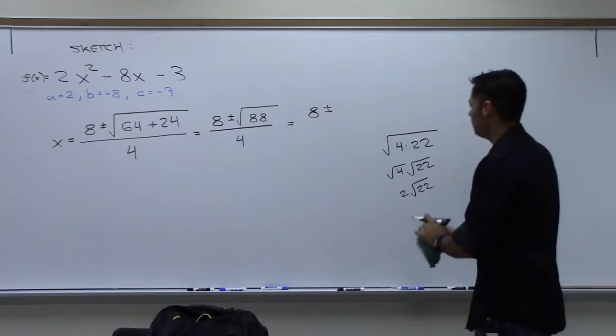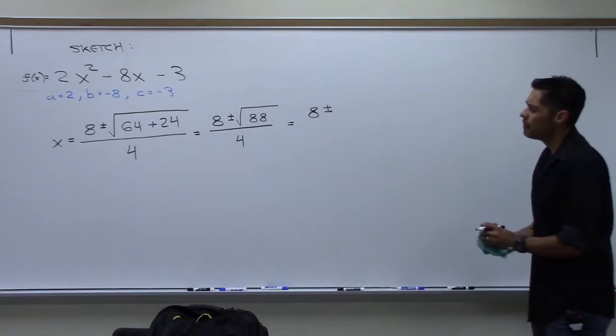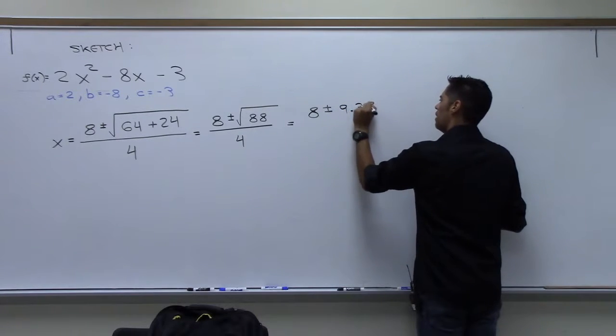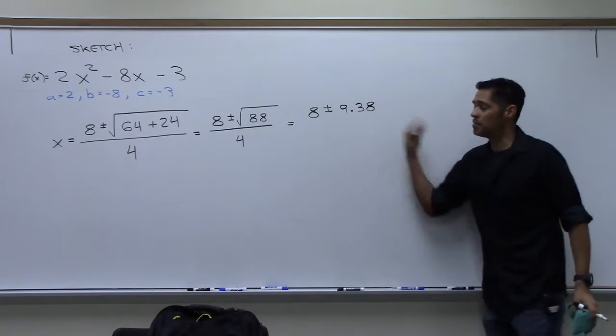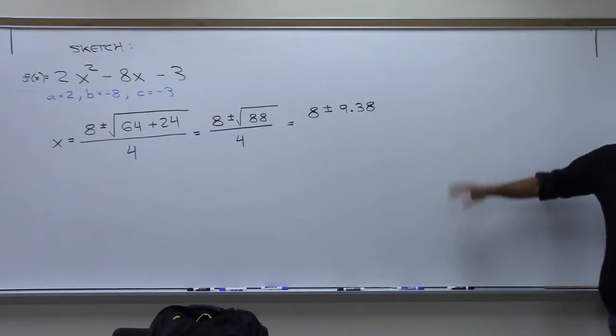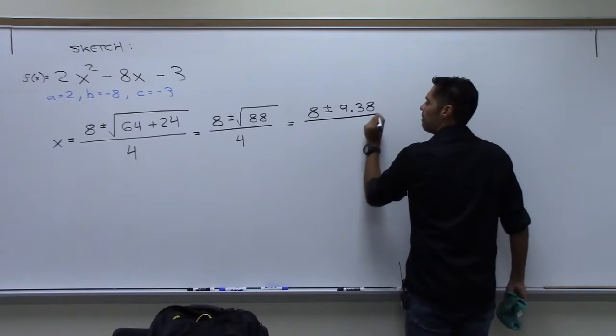And you should get, like, what is it? 9.38. And everyone will ask me, how many decimals should we go? Look, 2 decimal points or 2 decimal places, that's fine. All that divided by 4.